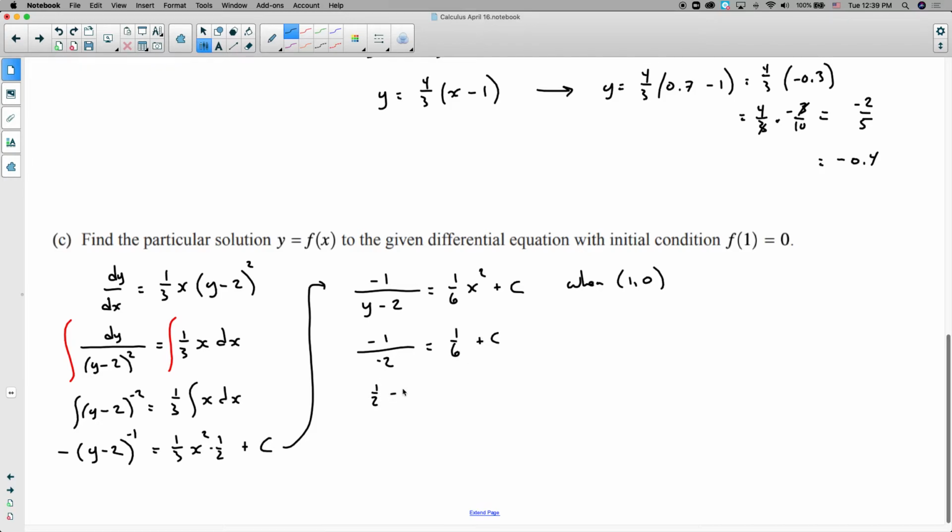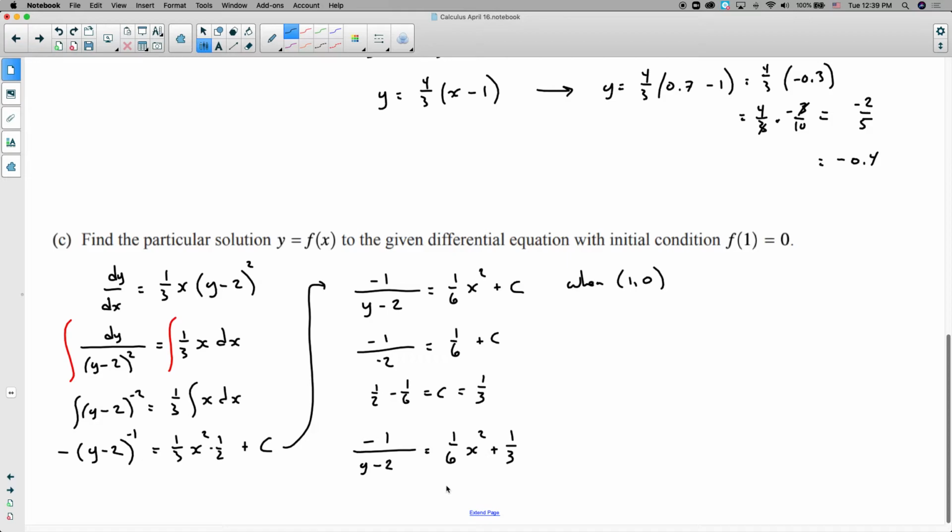That's 1/2 minus 1/6 is c, and c is 2/6 or 1/3. Okay, so then I'll just see about continuing down here. I now have the particular solution, which is negative 1 over (y minus 2) equals 1/6 x squared plus 1/3.